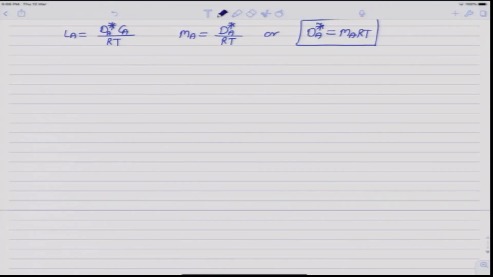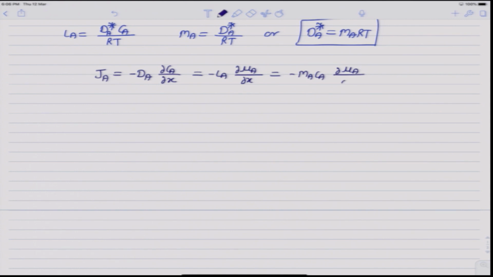In presence of a concentration gradient, we can write the equation for flux as J_A is equal to minus D_A ∂C_A by ∂x, which in terms of chemical potential gradient is written as minus L_A ∂μ_A by ∂x, or in terms of the atomic mobility as minus M_A C_A ∂μ_A by ∂x.